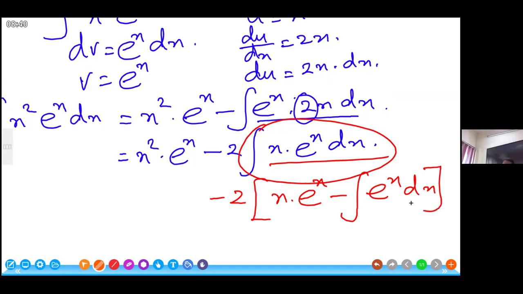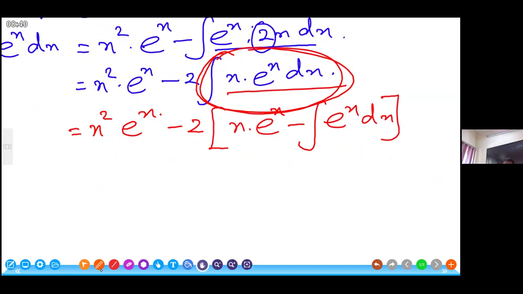I'm just substituting instead of that. So you can have the front version as it is. So that could be the case. x squared into e to the power x minus 2 into x into e to the power x minus integration of e to the power x.